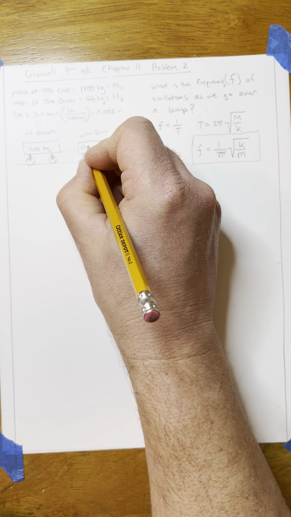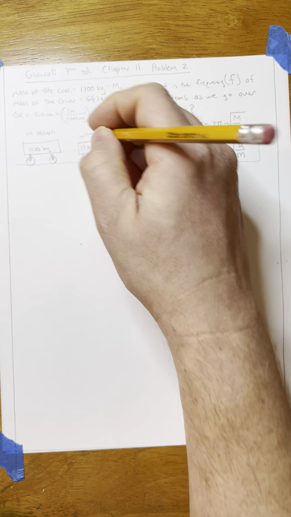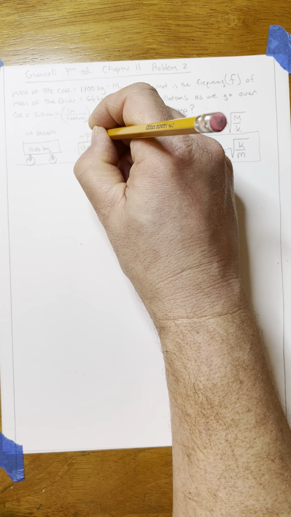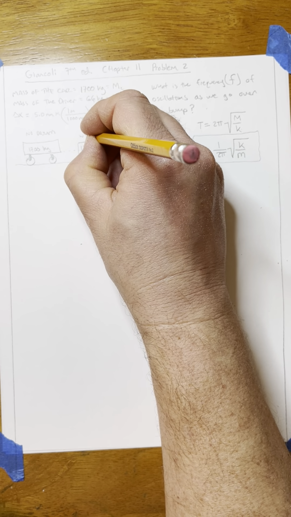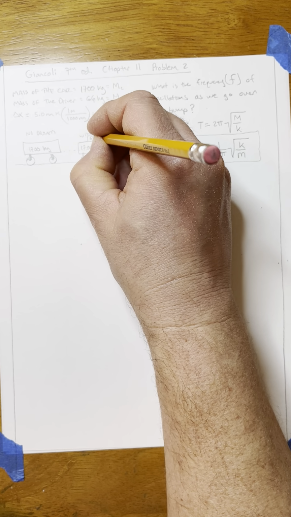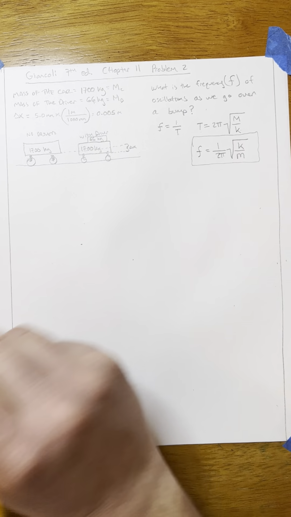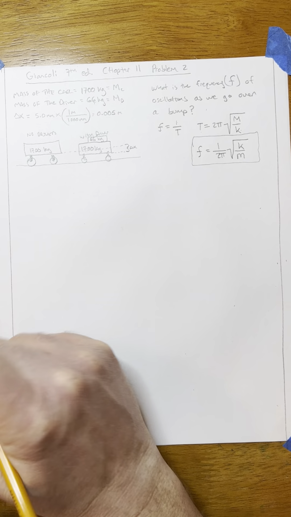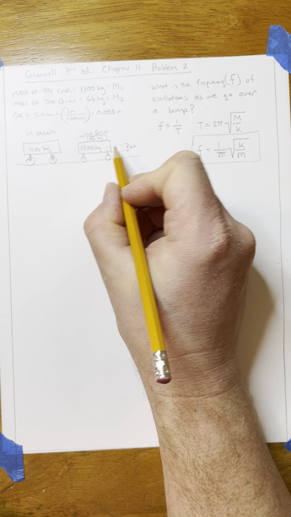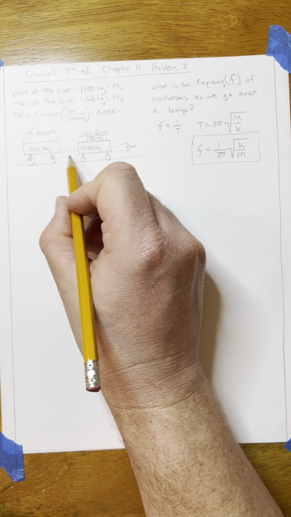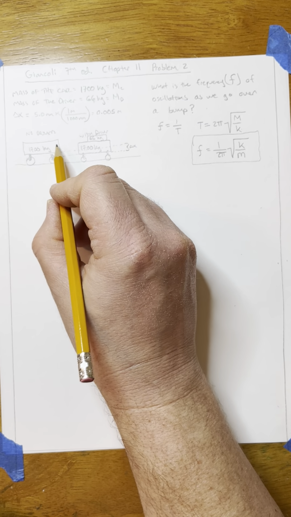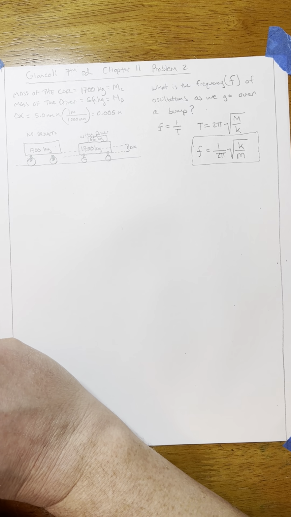So this was 1,700 kilograms. And then we added on top of this our 66 kilogram driver. Okay, so we've changed the equilibrium position of our mass on a spring system.